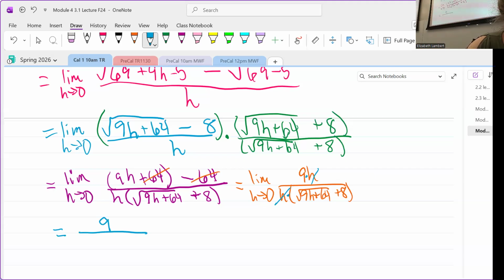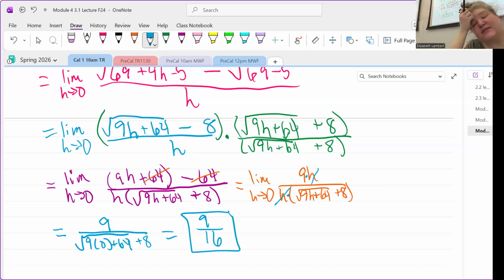On the bottom, I will have the square root of 9 times 0 plus 64, and then plus 8. So inside the square root is just 64, which is 8. 8 plus 8 is 16, so we have 9/16 is the slope of the tangent line at the x value of 23/3.